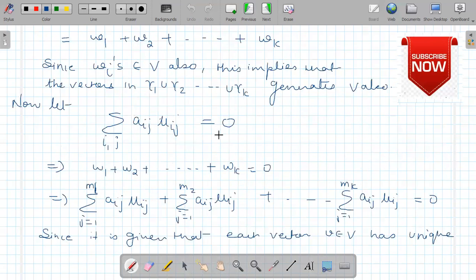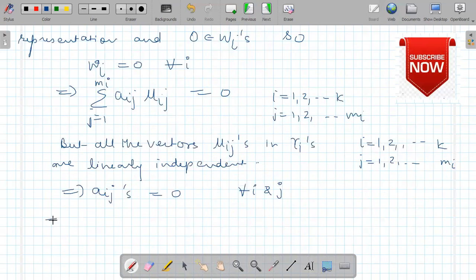That means from equation number 1, sum of aij's mu ij's equal to 0 implies all the aij's are equal to 0.